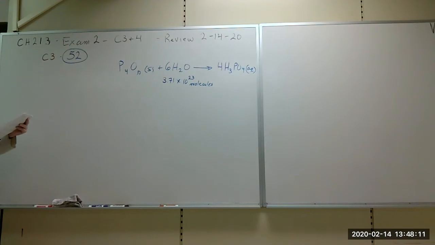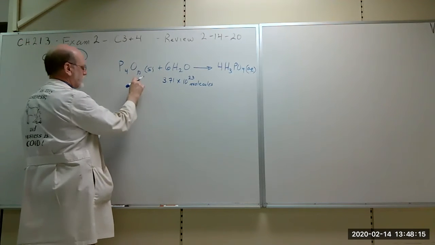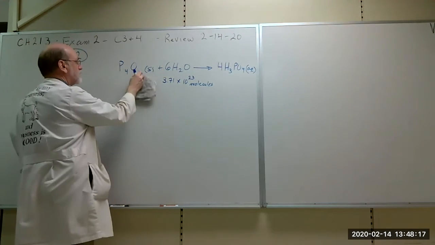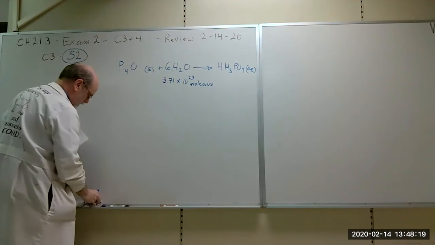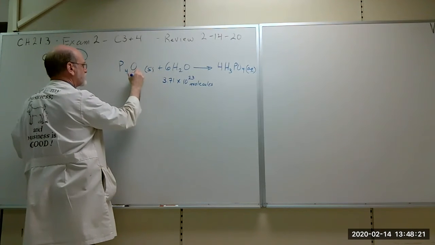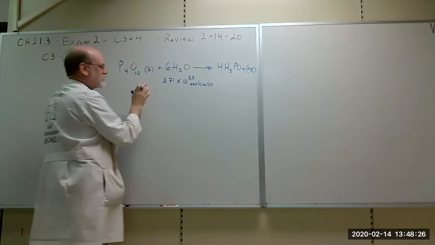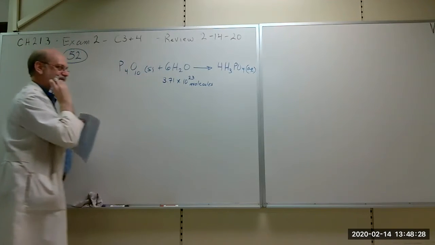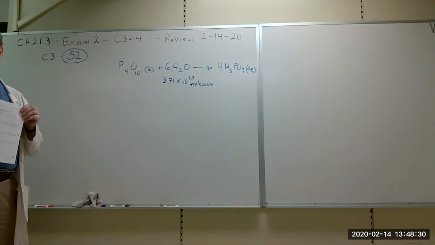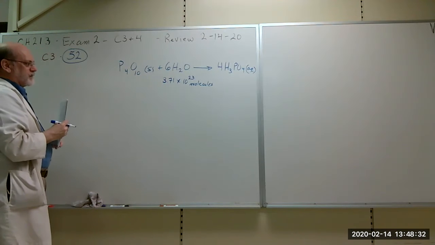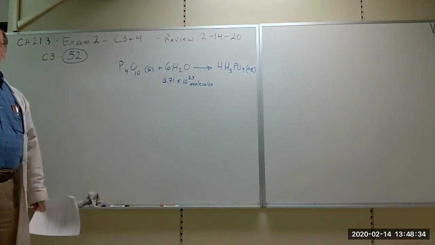And the question is, what mass of P4O10 is required? So we're looking at a stoichiometric ratio. Exactly how much of this is required to react with this. Okay? So we need some kind of conversion factor, don't we?